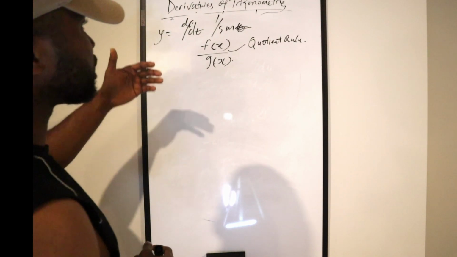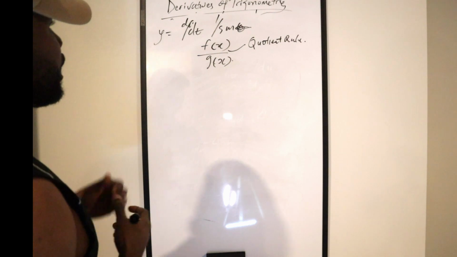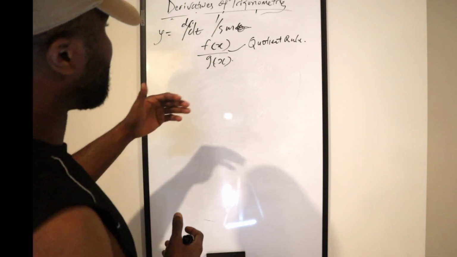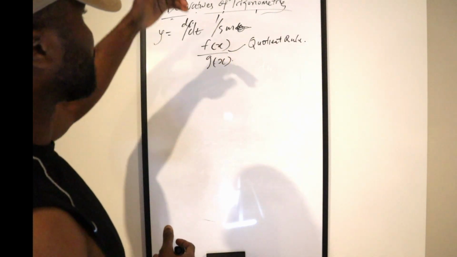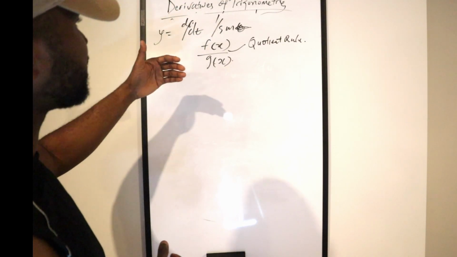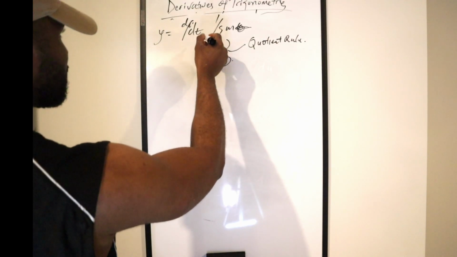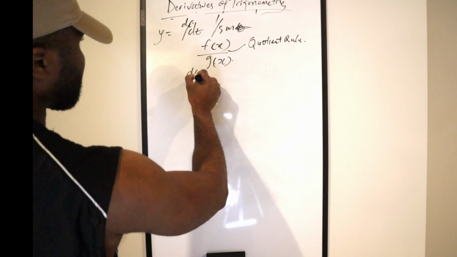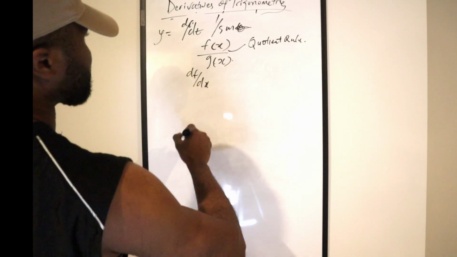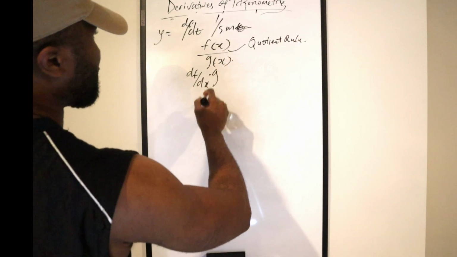We need to differentiate the numerator and keep the denominator constant, minus differentiate the denominator and keep the numerator constant, divided by the denominator squared. So differentiate f of x is df over dx, and you keep g constant.